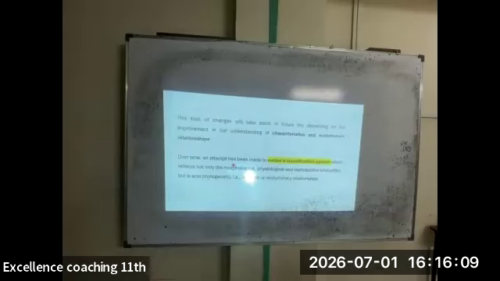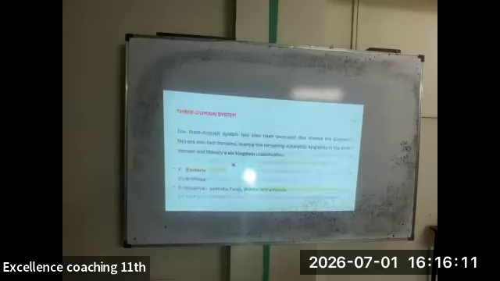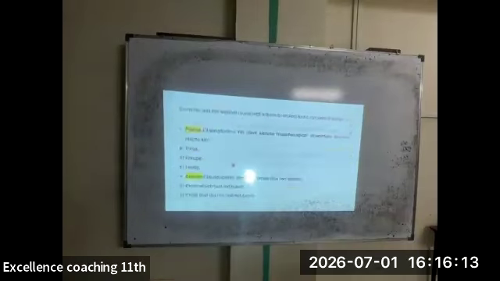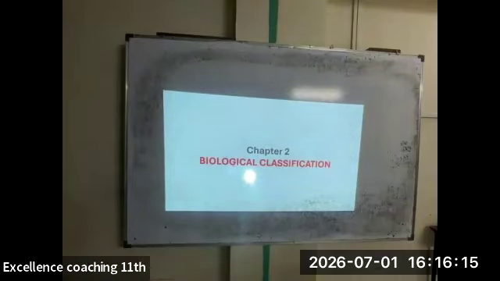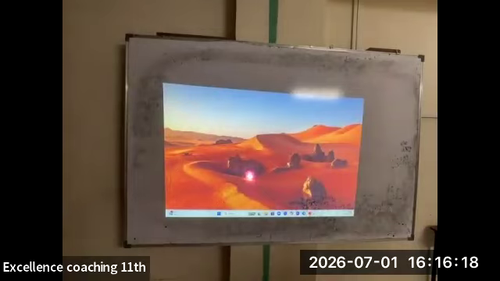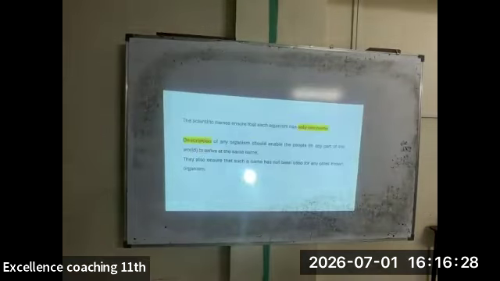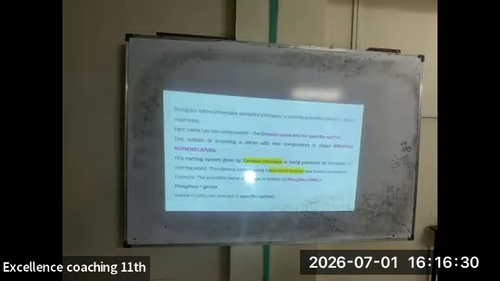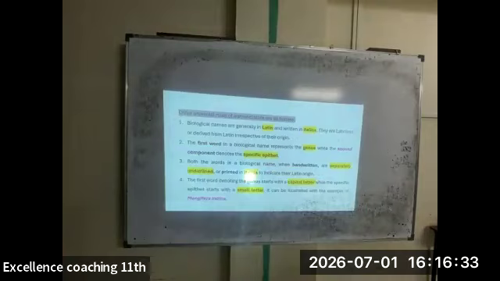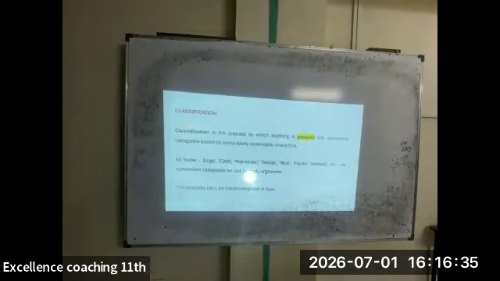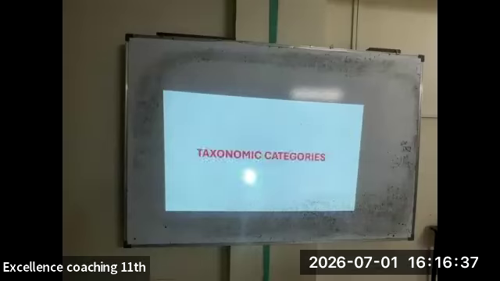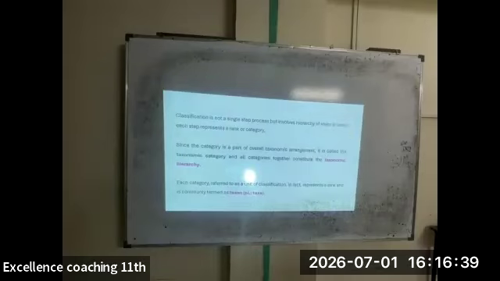taxonomic hierarchy. I have not given good marks to anybody because nobody has written about it.